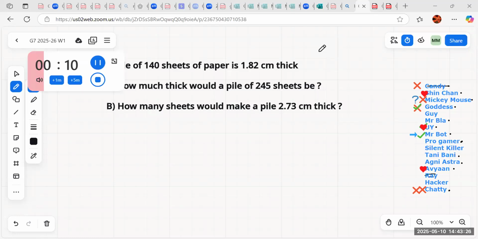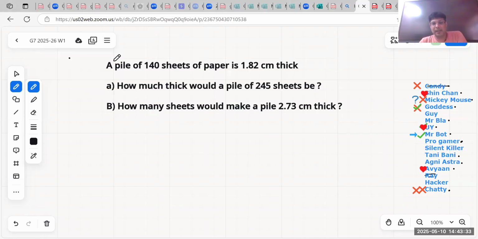Okay, explain. So I am explaining now. So everyone जिसका हो गया है, please send the answer. नहीं हुआ है तो I am going to explain now.